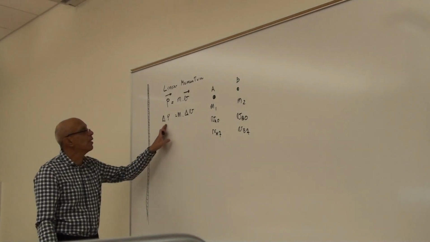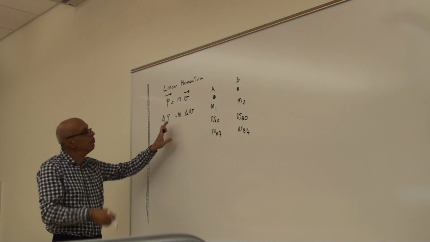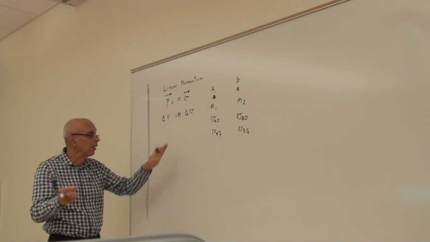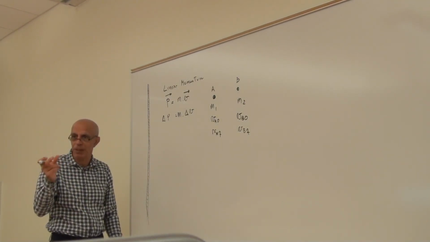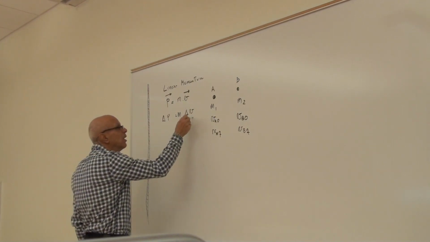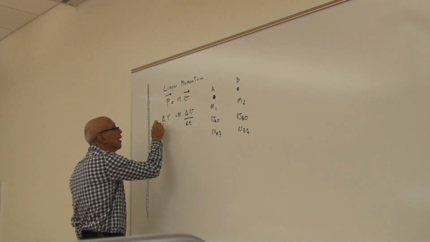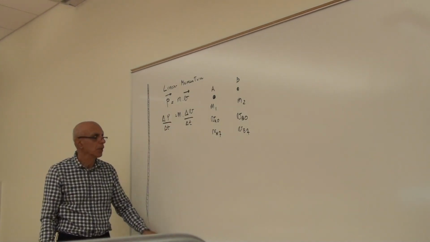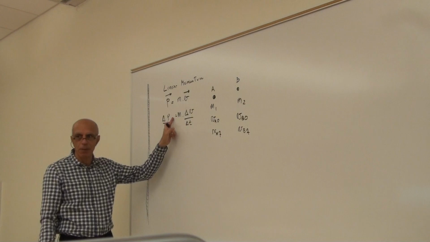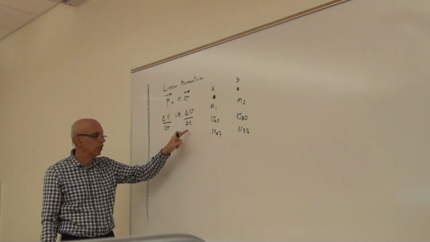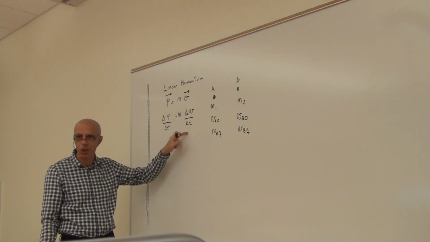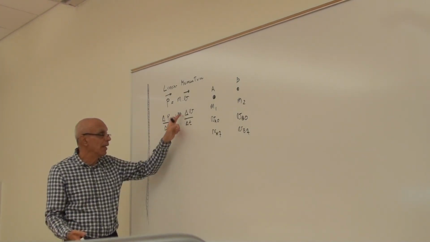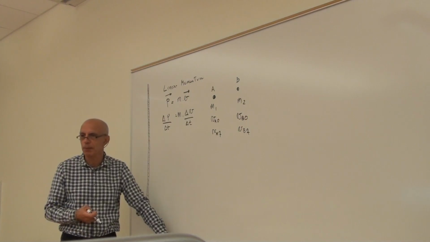Now, let's look here again. This change is done in a specific time, delta t. So I need to divide this by delta t. So here we have momentum. Momentum has changed at a certain time, right? It's changing at a rate. If momentum is changing at a rate, delta v over delta t is equal to what?